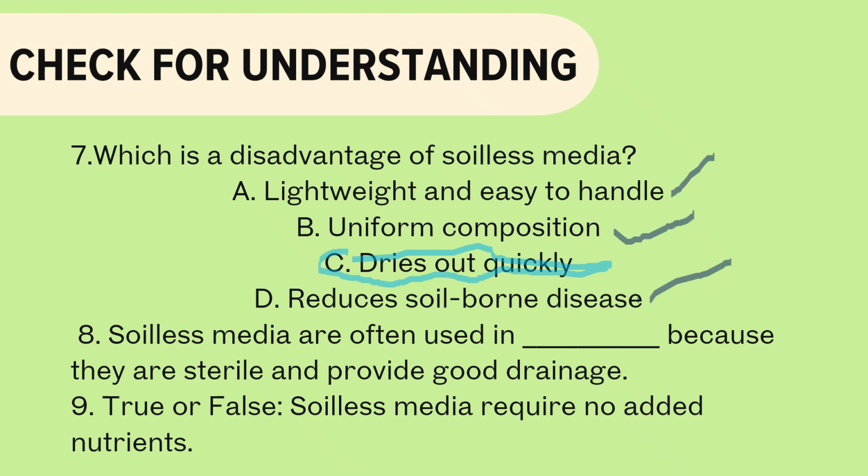For number 8, we're looking at soilless media are often used in blank because they're sterile and they provide good drainage. I'm thinking the same thing as you're thinking, right? Yeah. So, soilless media are often used in hydroponic systems.